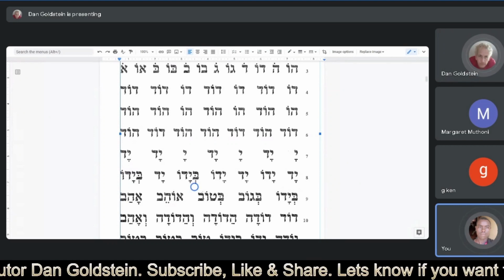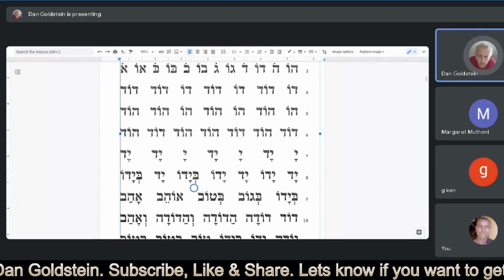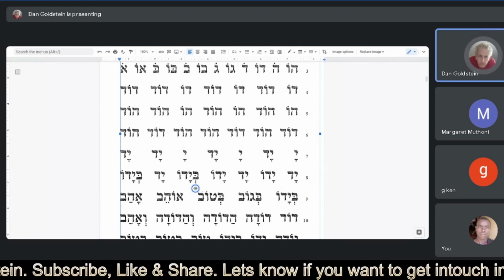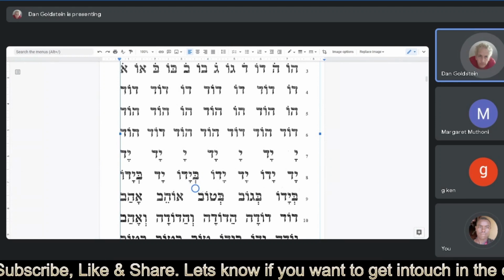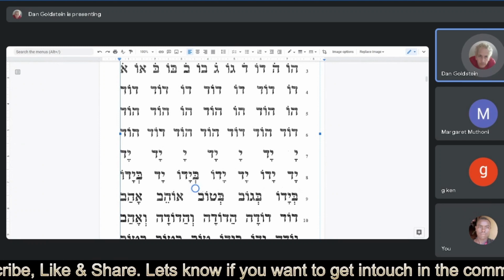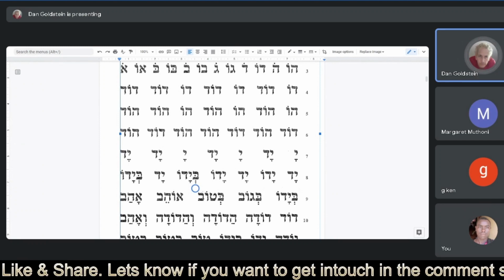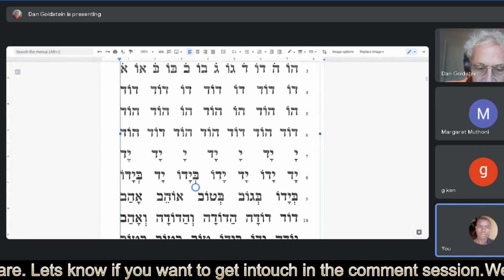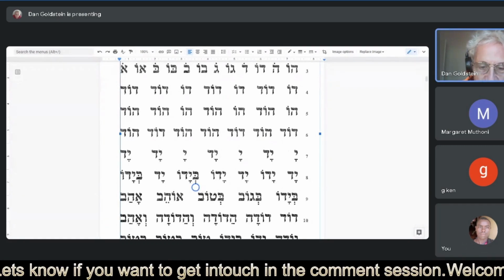So I'll double check this, but the bet and the shva is not complete. It's incomplete. The shva isn't a full member of the vowel tribe. It's only a half breed.